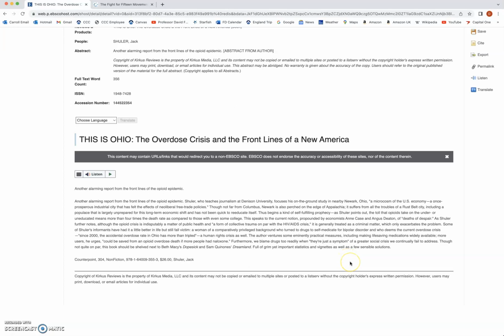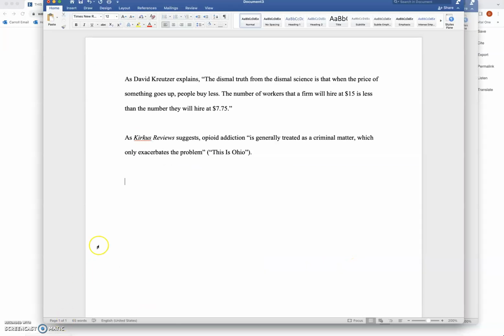What if you wanted to use the quote that's inside the article? Well, you can still do that, but there's a specific way you cite that. So this is one of Jack Schuler's quotes that looks good to me. So I'm going to use it, and I'll put it in my essay here.